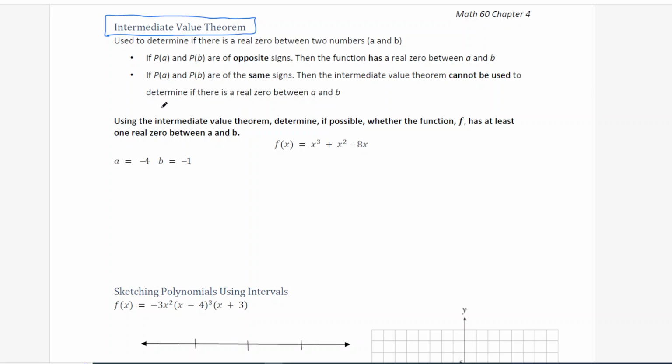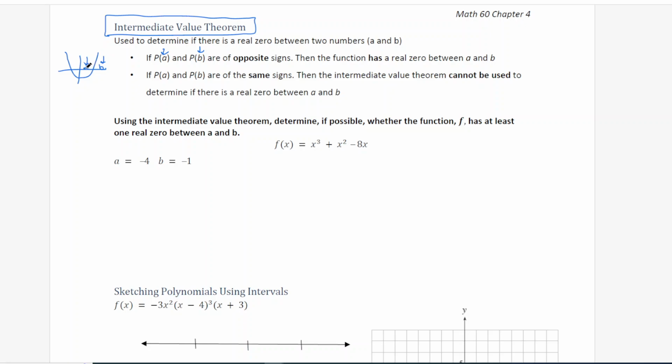And what it is, is that if you put different values in for x and you look at the resulting y values, if the y values go from positive to negative, then you know that there was a real zero between a and b. So what I mean by that is that if you took a graph that looks like this, and you took an x value a, and you took an x value b, and you looked at the resulting y value.